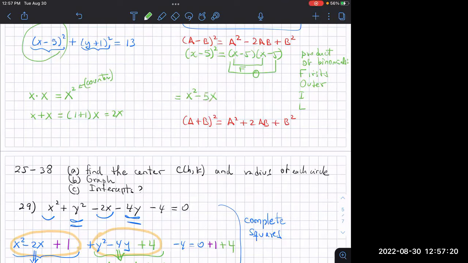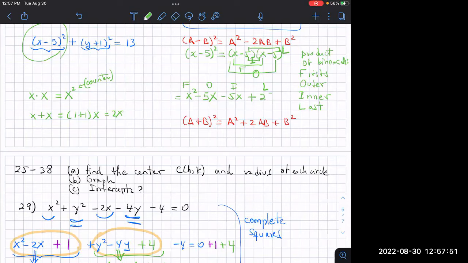Very good. What does I stand for? Inner. The inner is negative 5 and x, and that gives me negative 5x also. And L stands for the last, which is negative 5 times negative 5, and that gives me 25.